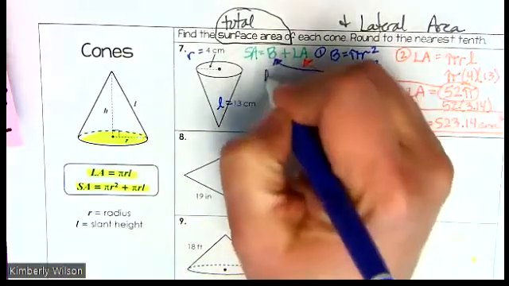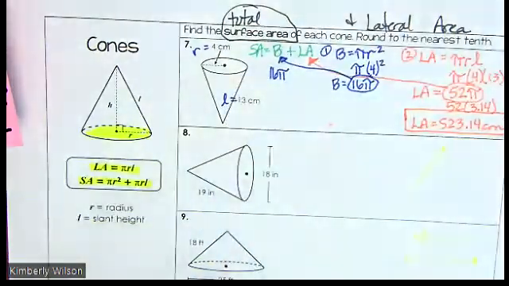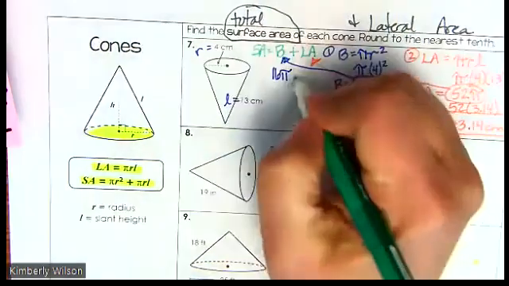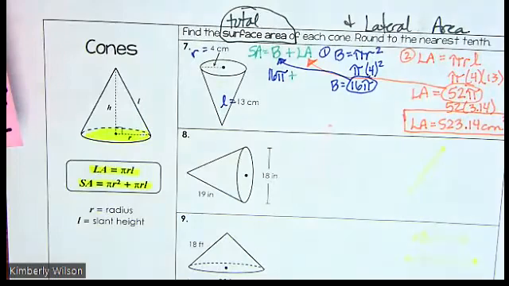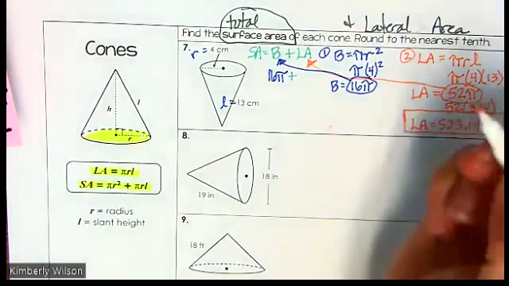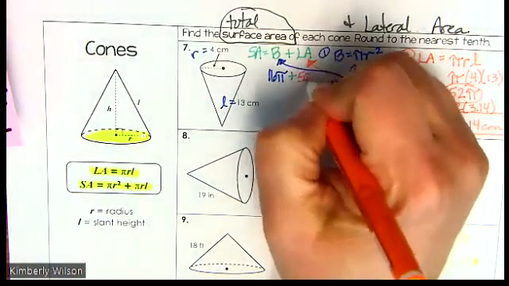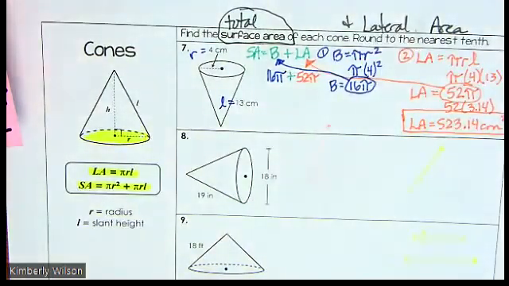So I'm going to have 16 pi plus 52 pi. And because they both have a pi symbol, then that means they are like terms.